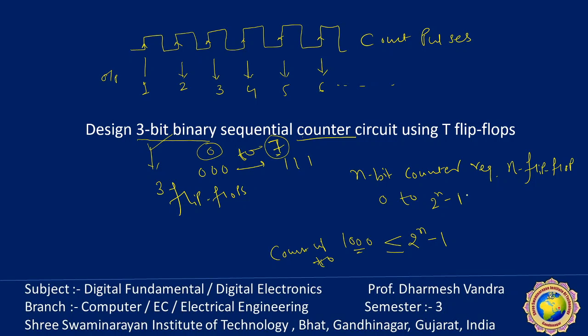So 2 raised to 10 equals 1024, and 2 raised to 9 is equal to 512. So 1024 minus 1, 1023, satisfies it. So to count up to 1000, 10 flip-flops are required.